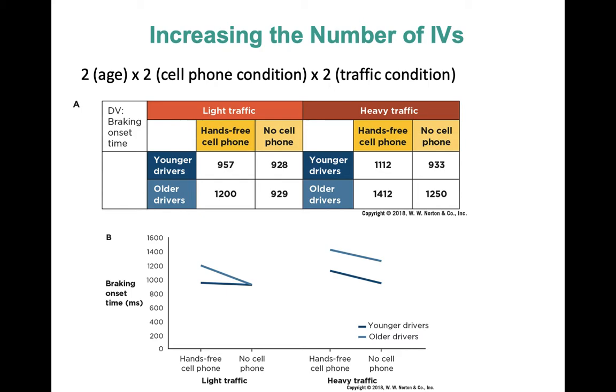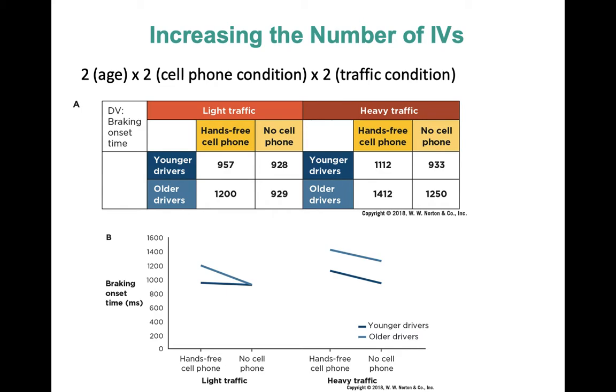In this particular case, in our 2x2x2, we've got 8 cells in the design. Okay, so we can just count up those cells in the design. So 8 different, you can think of treatments. Of course, because we have a participant variable, it's not completely accurate to say that we have a treatment, but we've got 8 different conditions of the experiment.